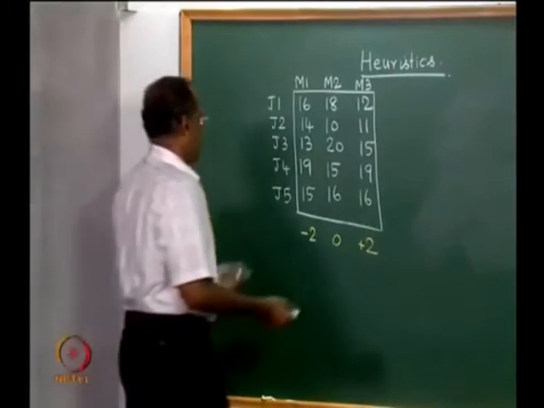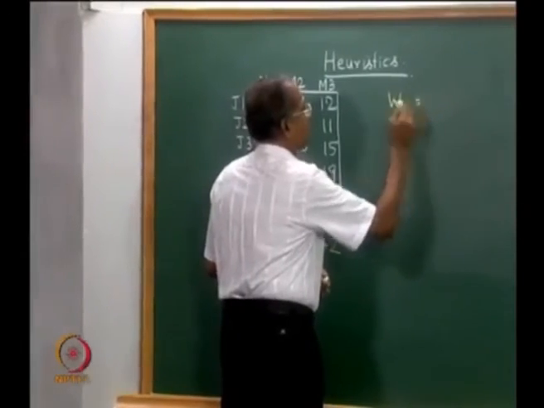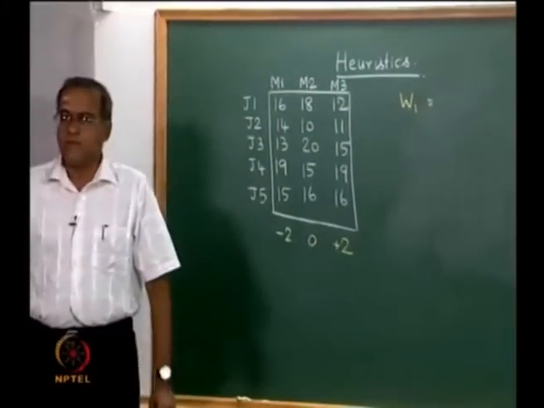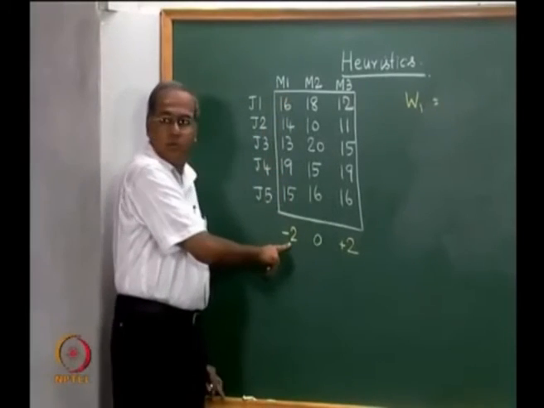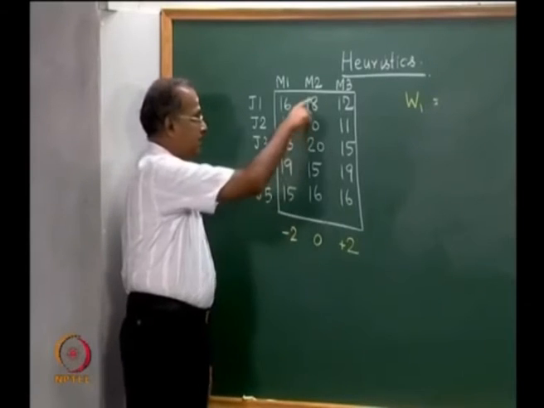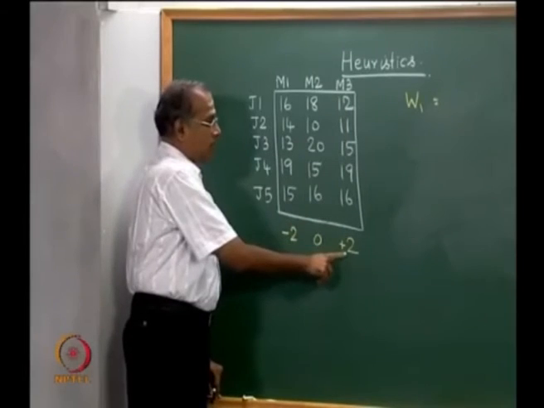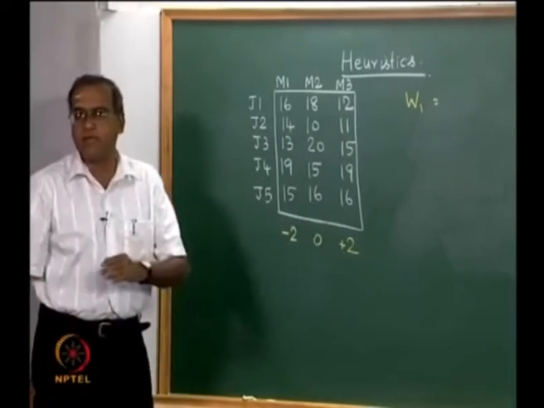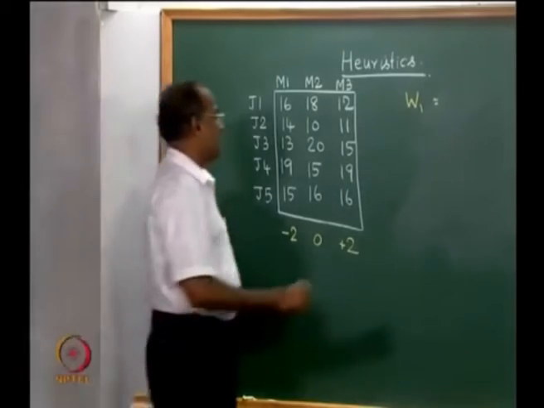Let us call W1 the weight for job 1. For job 1 the weight will be 16 into -2, which is -32, plus 18 into 0, plus 12 into 2, which is 24. So 24 minus 32 is -8.